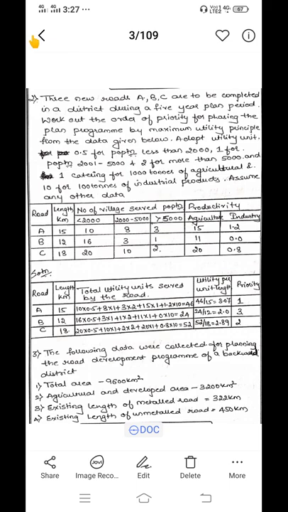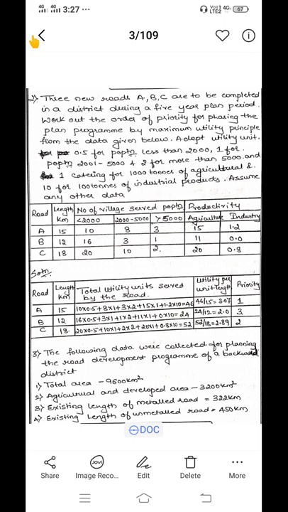Remember it: in the question you should see there are 15 units whose agricultural productivity is more than 1000 tons.